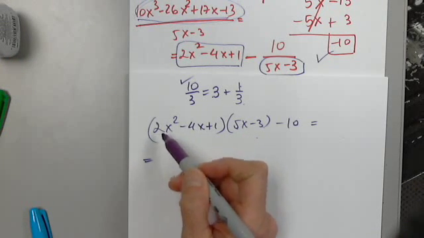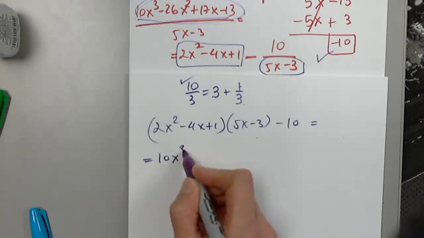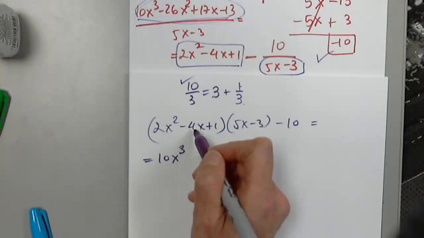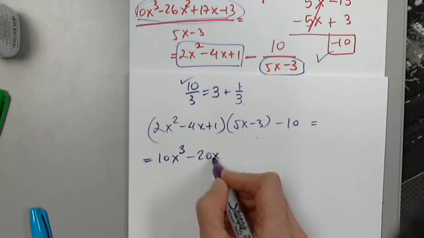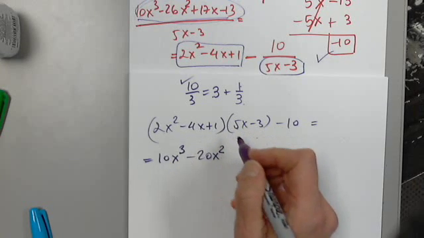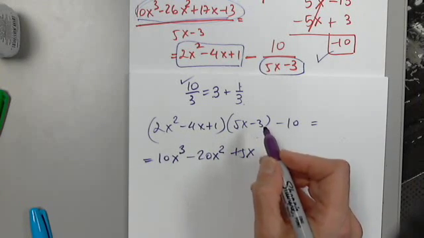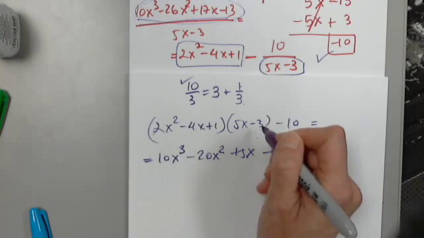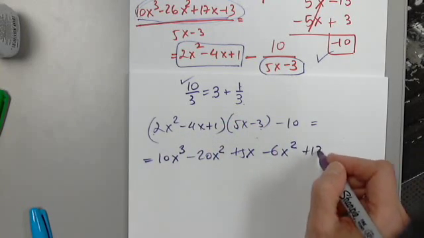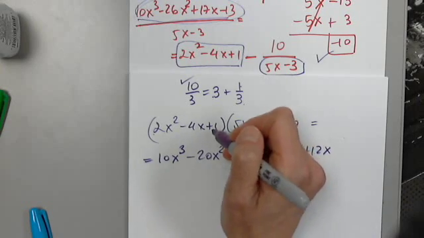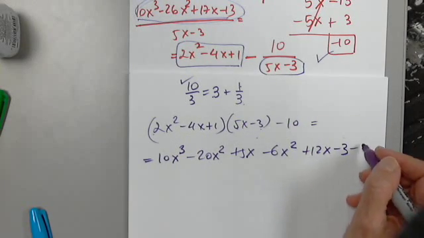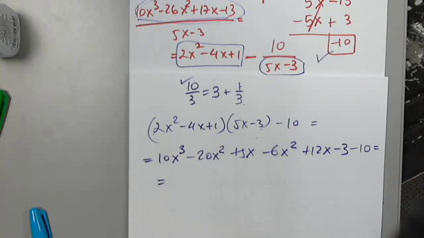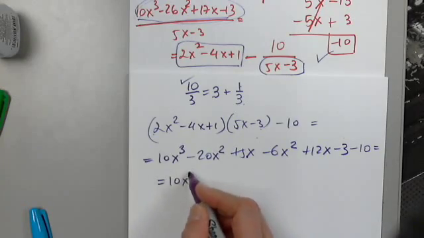So 5x times 2x squared is 10x cubed. 5x times negative 4x is negative 20x squared. 5x times 1 is positive 5x. Negative 3 times 2x squared is minus 6x squared. Negative 3 times negative 4x is positive 12x. Negative 3 times 1 is negative 3, and I copy negative 10. And now this is the moment of truth. 10x cubed? Yes.